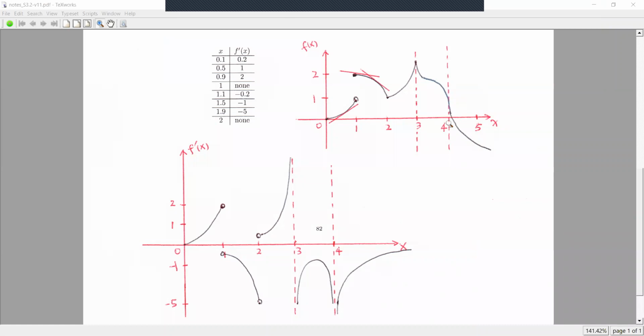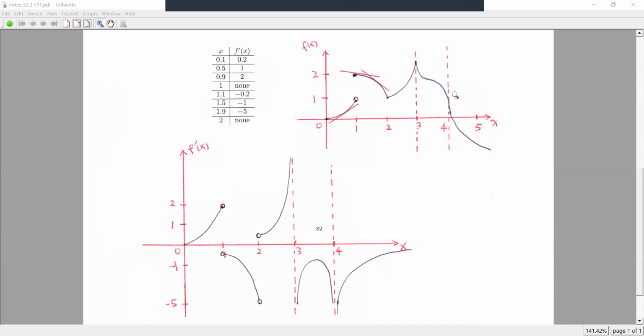At point 4, this vertical line is a tangent line to the graph of the function. So at point 4, slope is infinity. When x is close to the point 4, tangent line is very, very steep. So derivative is very large, but negative.